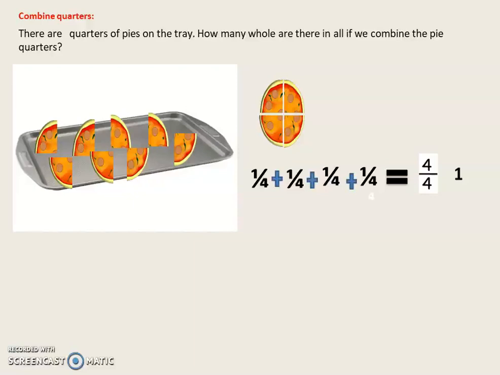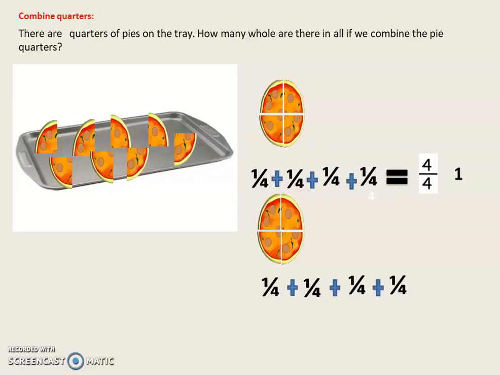But there are still remaining 4 quarters. Again, combine the 4 quarters. Okay, so we have 1/4, 1/4, 1/4, 1/4. Using the plus sign again, combine the 4 quarters, so you will get an answer of 4/4, or 1 again. Now, put together the 2 wholes.